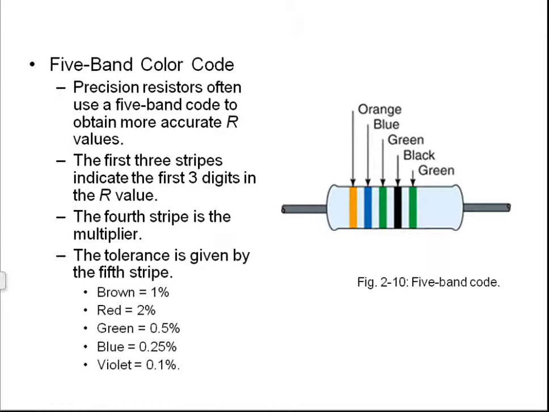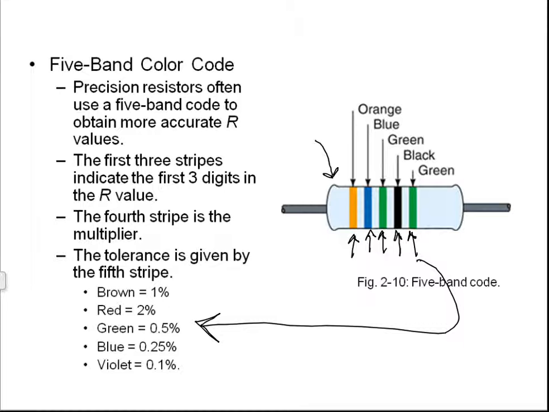Now, precision resistors, you're going to find a little bit bigger color code. In this case, it's a 5-band. So you have your first digit, second digit, and a third digit, with your multiplier, and then your tolerance band. And in a 5-band code, there are your tolerances.